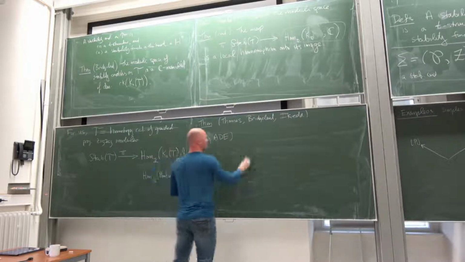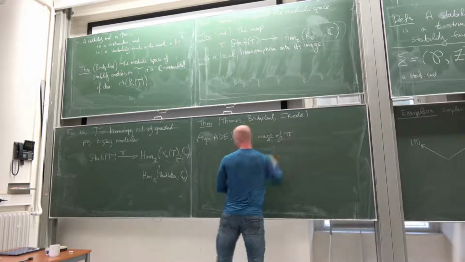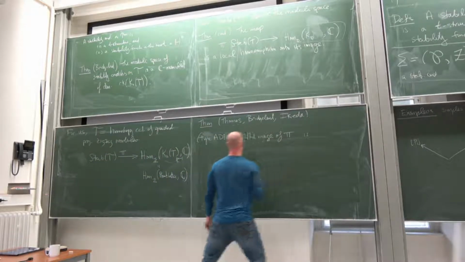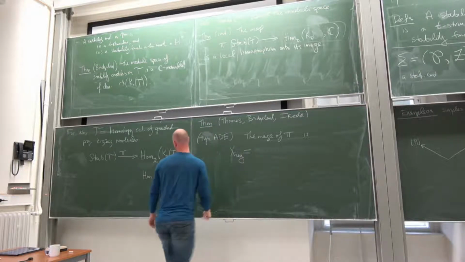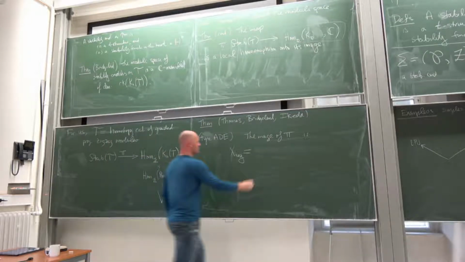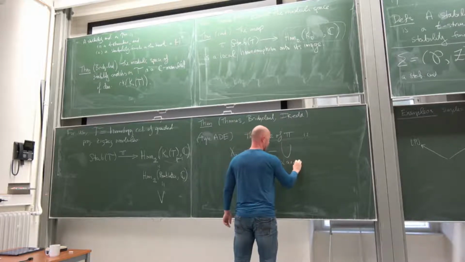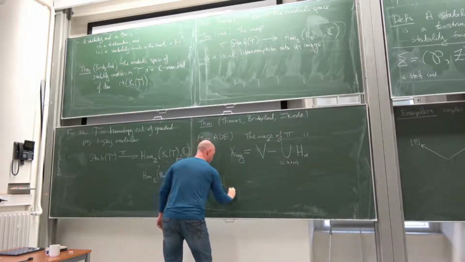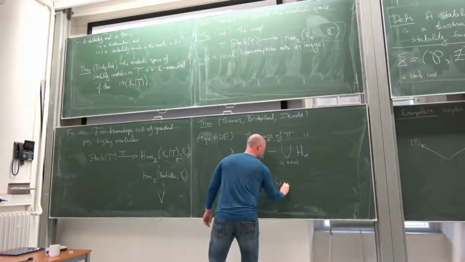So the image of pi, this map here, is, let me call this whole space, this was the space V that we were talking about in the first lecture. I denoted this by V. Where here H alpha is Z such that Z of alpha equals 0.